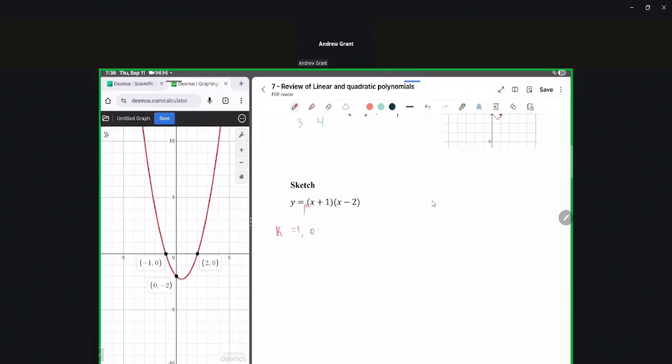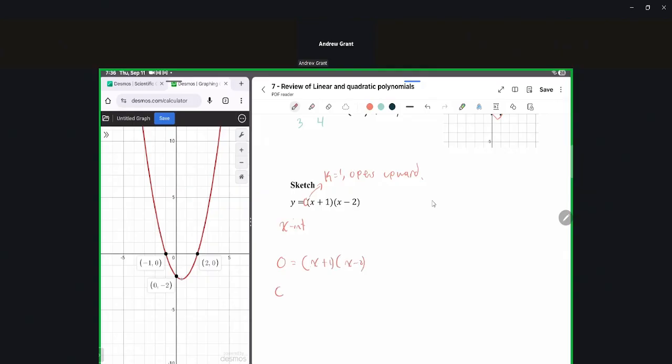So this opens upward. K is equal to 1. So therefore it opens upward. And for the x-intercepts, you set each of the factors equal to 0. So you want to solve the equation 0 is equal to x plus 1 times x minus 2.